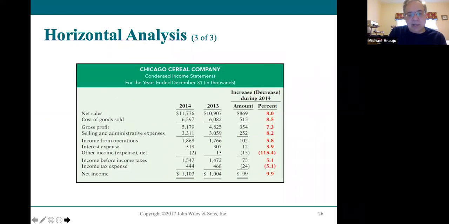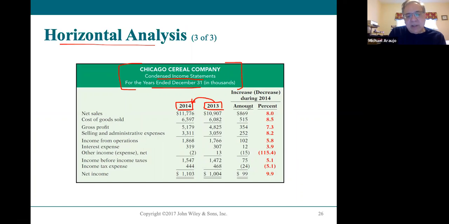So this is horizontal analysis for a balance sheet. This is horizontal analysis for an income statement. Okay. So this is an income statement, again, showing the years ending 2013 and 2014. And again, in horizontal analysis, we're noting the difference from the base year to the most recent year.